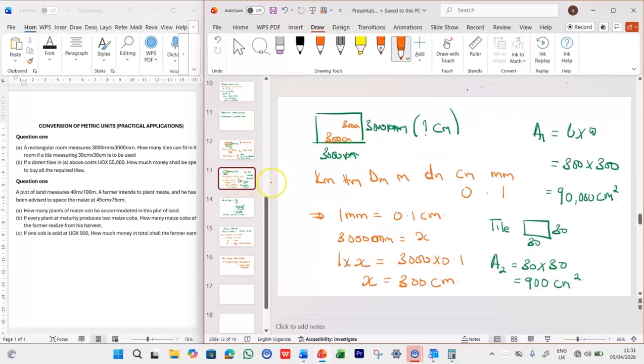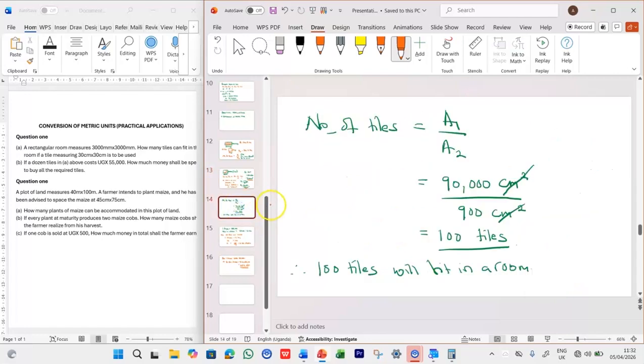And we did that using this. 3000 millimeters is the same as 300 centimeters. If you multiply the two, it will give you an area of 90,000. The tile is 30 by 30, so its area is 900 centimeters squared.